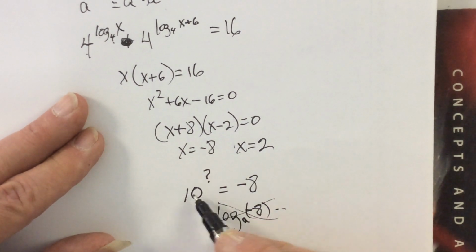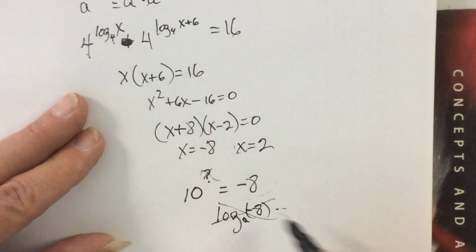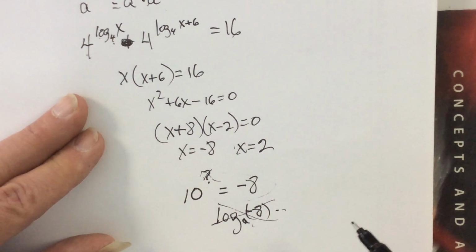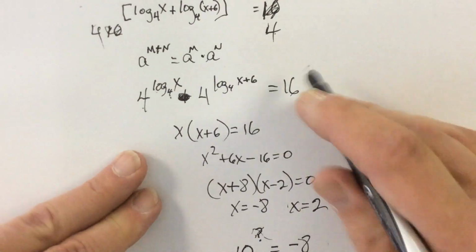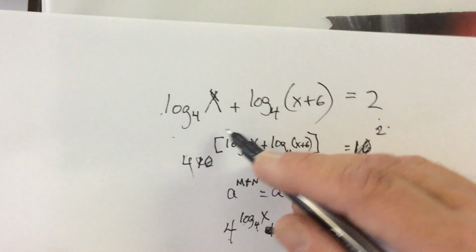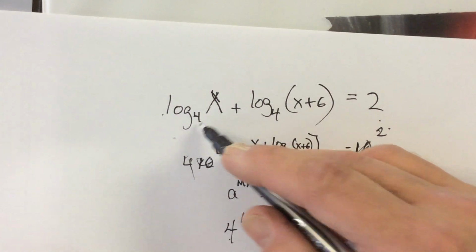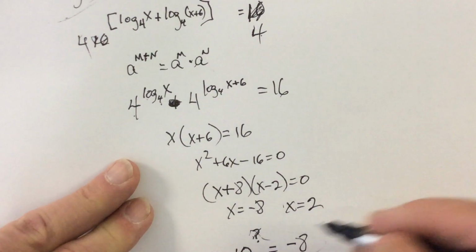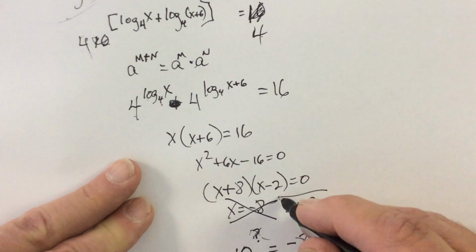That's what this says right here. When you say this doesn't exist, that's what you mean. If I plug in negative 8 for x way up here in the original equation, I've got something that doesn't exist, so this can't be a solution. This is the only solution to that problem.